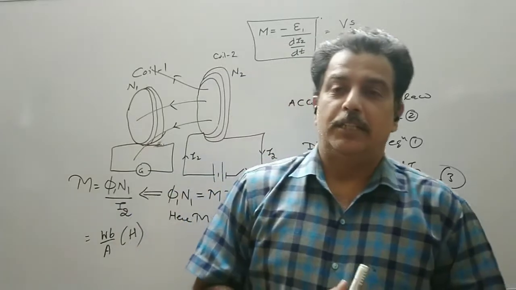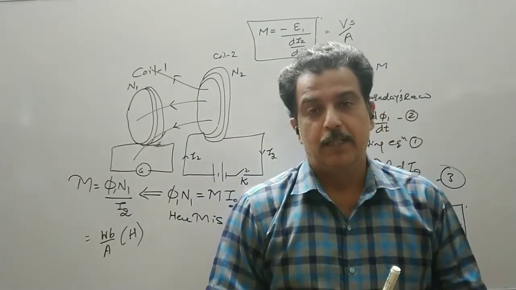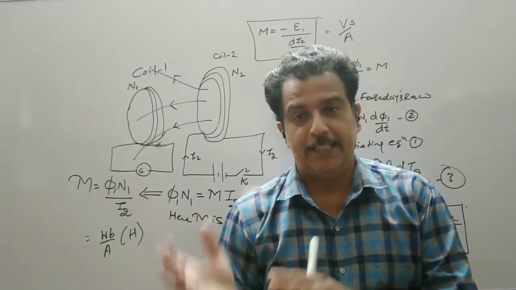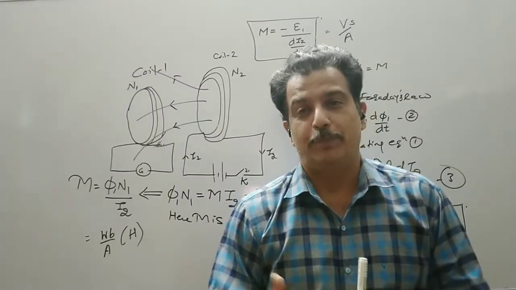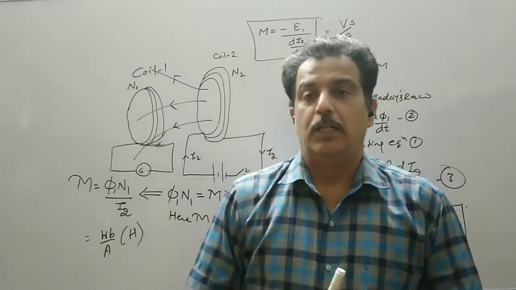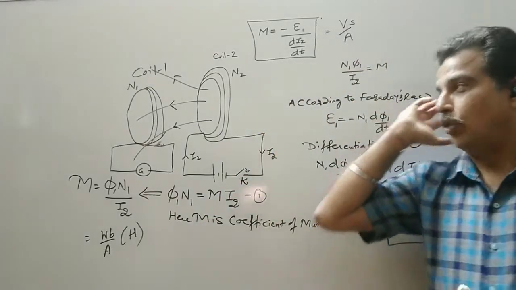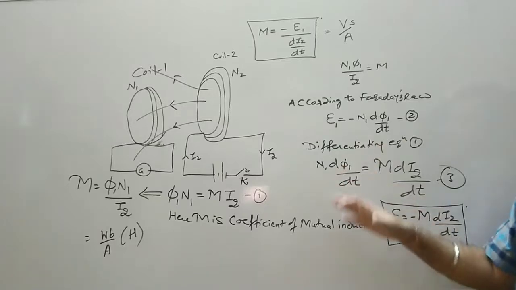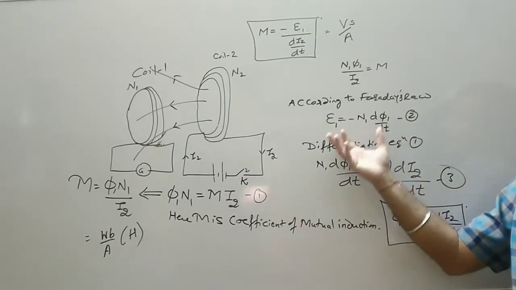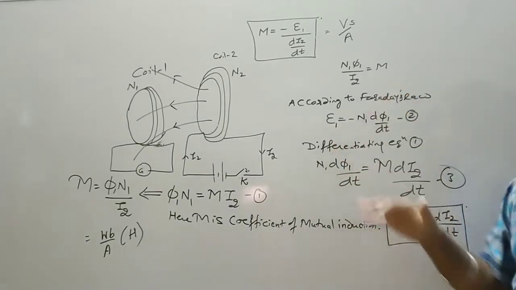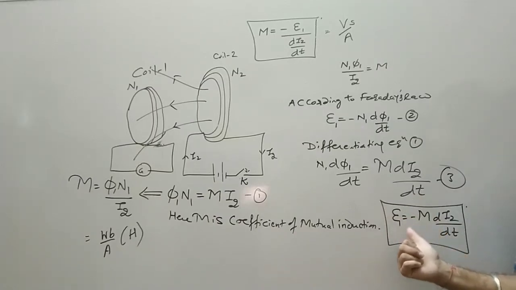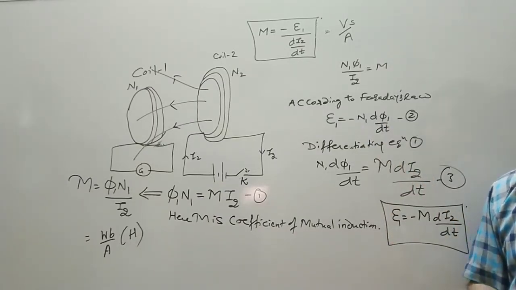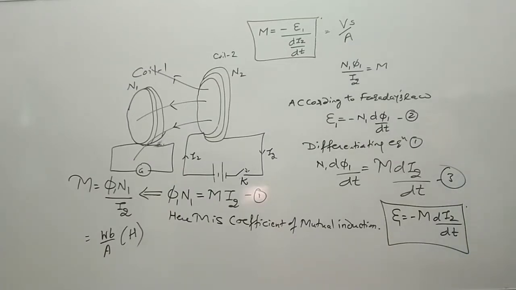So now we understood two things. One, we have to derive the formula for the inductance, which is the property of a coil. Another is how the EMF is induced in terms of mutual inductance when the current is varied in any one coil of the system of two coils.